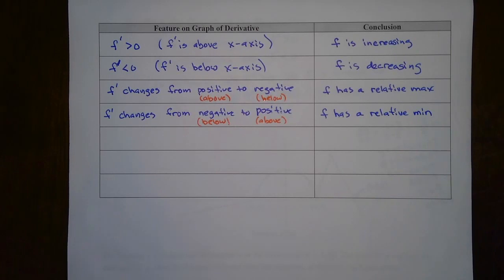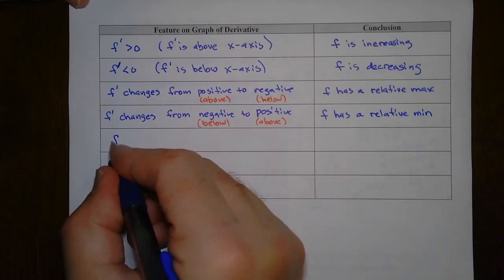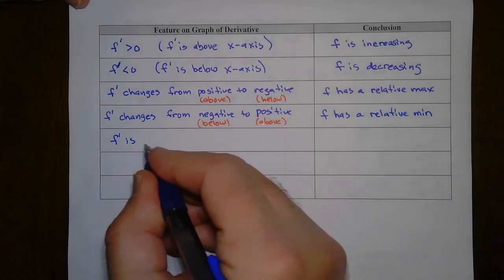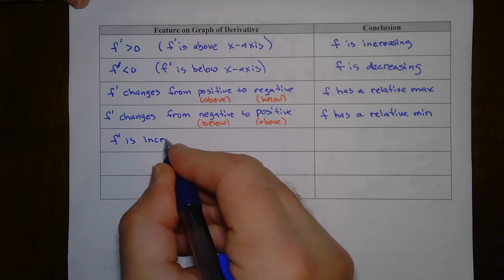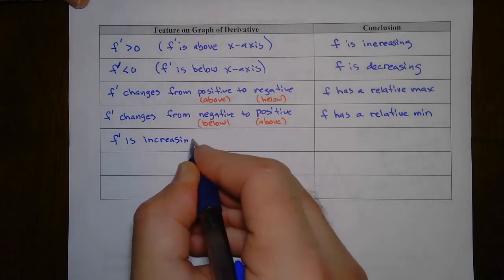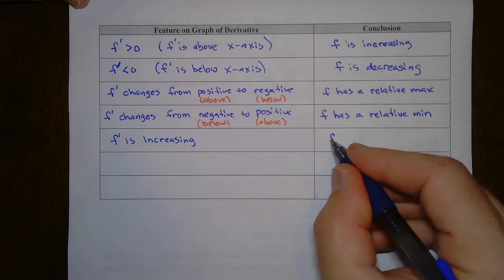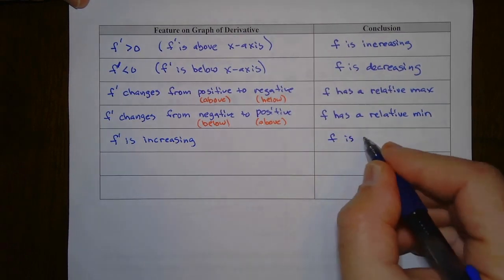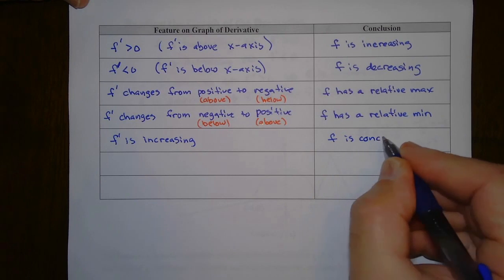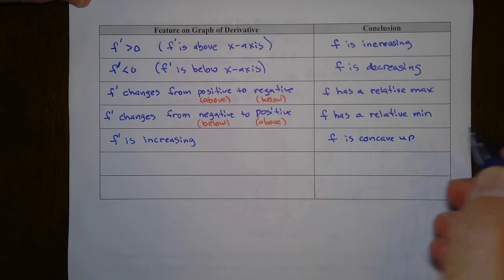And then if f prime is increasing, that would tell us that f is concave up on that interval.